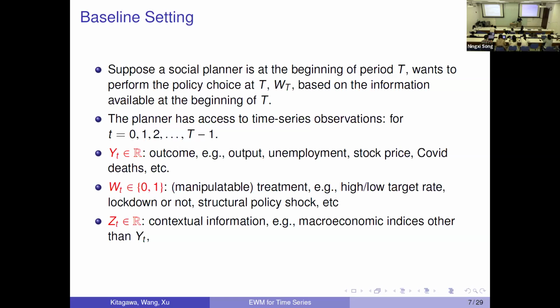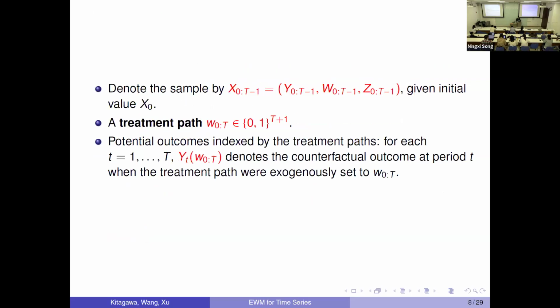We observe the data of length T. We call the first period time 0, and the last available period is time T minus 1. Y_t is the observed outcome, W_t is the binary treatment, and Z_t is other contextual information. We denote the sample by this triple X from time 0 to T minus 1, which is basically the triple of Y, W, and Z.